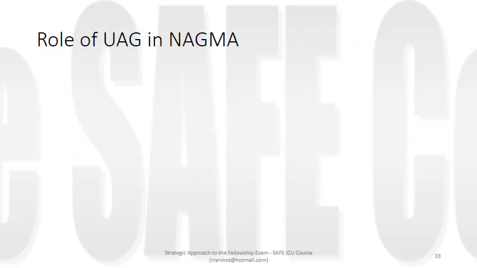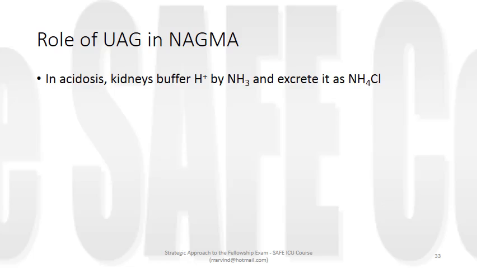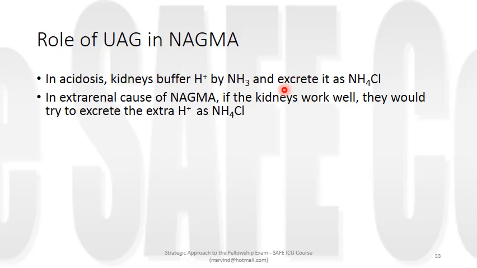Now, how does it actually answer this question? We'll go step by step. In acidosis, the kidneys buffer the excess hydrogen ions with ammonia and excrete this in the form of ammonium chloride. When you have an extra-renal cause of the normal anion gap metabolic acidosis, for example a gut cause, the kidneys are working well.